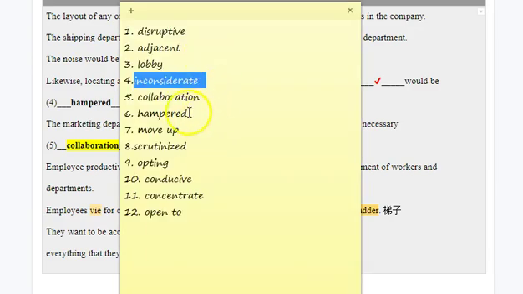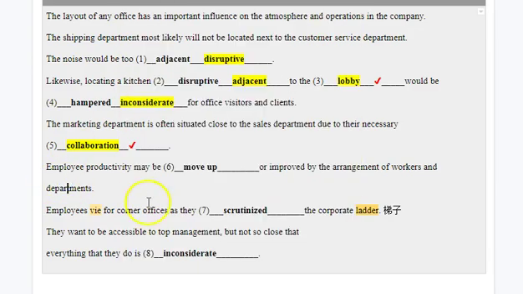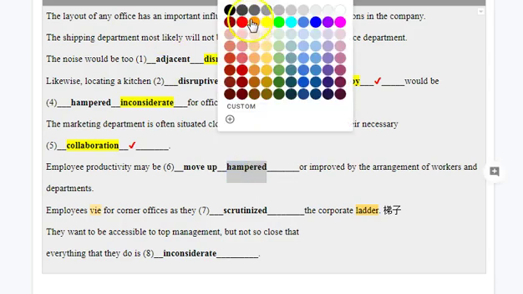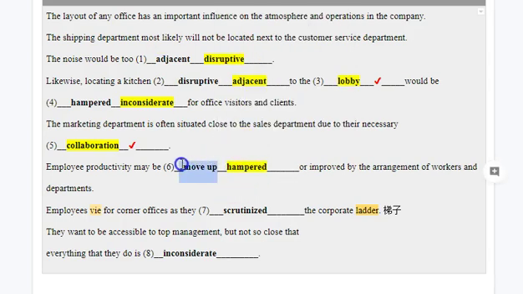Employee productivity may be moved up or improved by the arrangement of workers and departments.